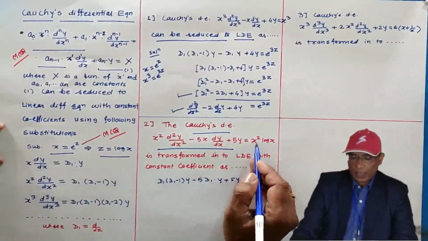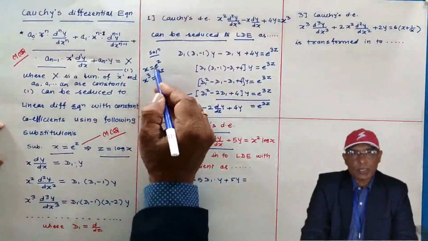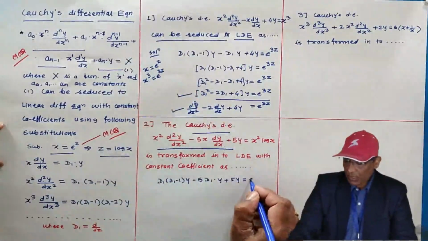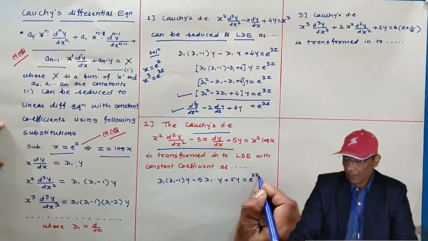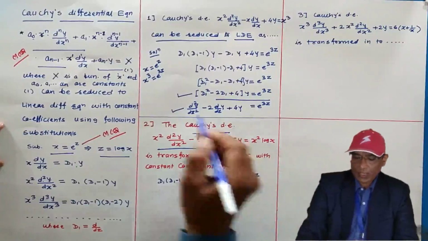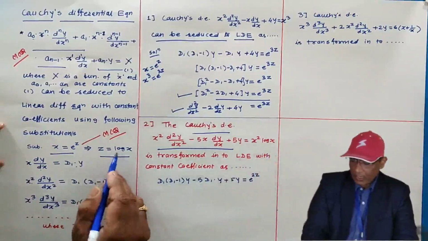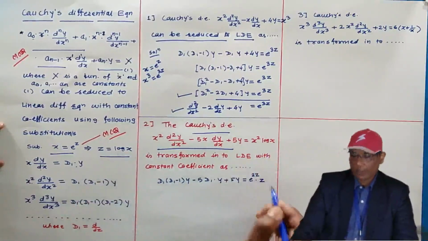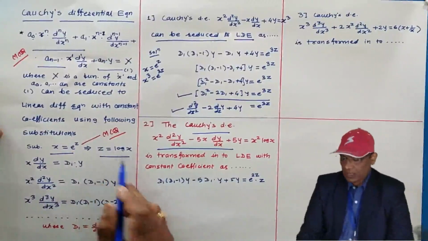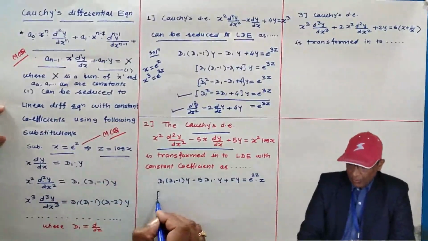X square, X is e raised to power z, so x square will be e raised to 2z. Once again, x square is e raised to 2z. Log x is what? Log x is z.